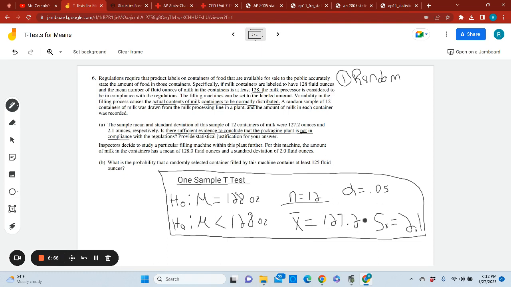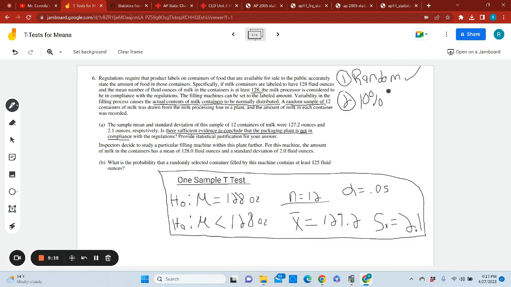I laid out any other important information that I might need to conduct this test. I forgot to define my parameter. I'll get back to that. Let's just check the conditions, right? Do we have a random sample? Where do they tell us? A random sample of 12 containers. So check.